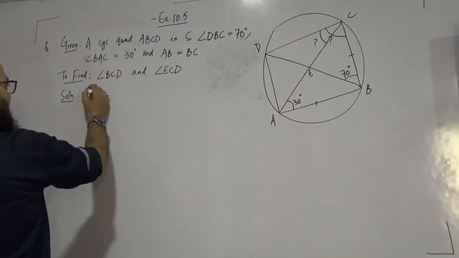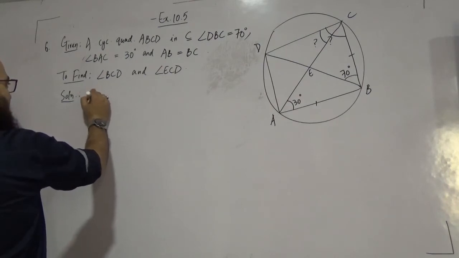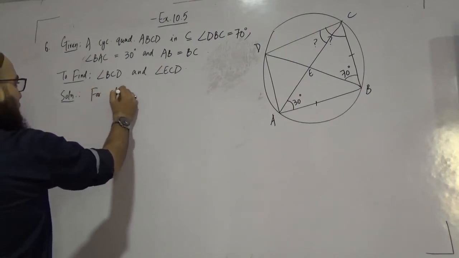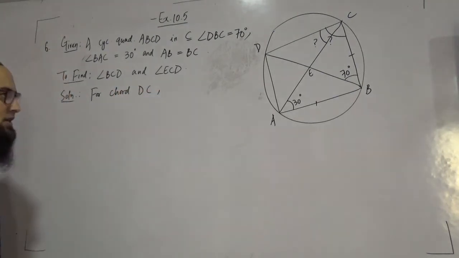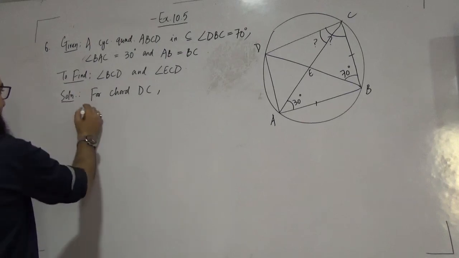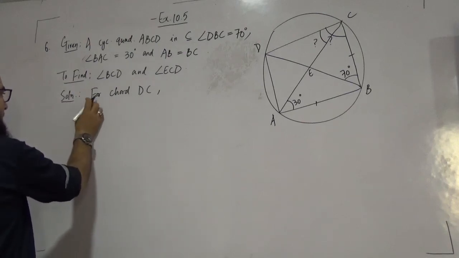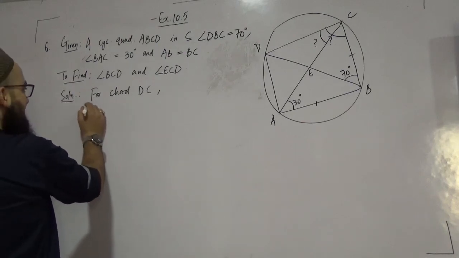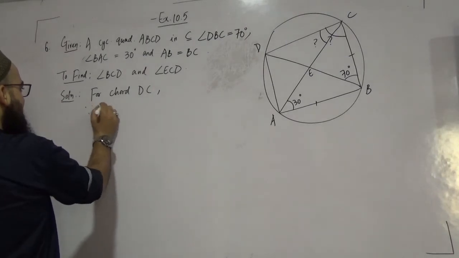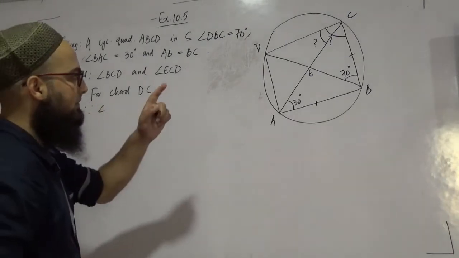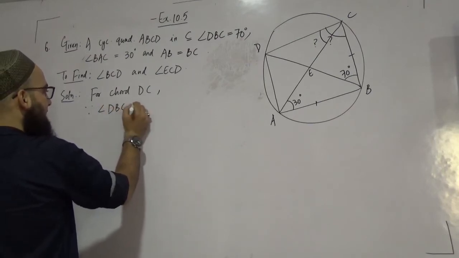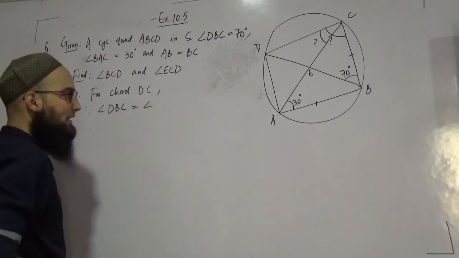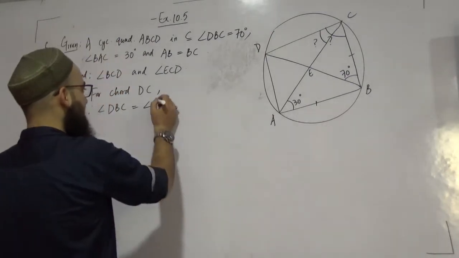Consider chord DC. Since angle DBC is equal to angle DAC.